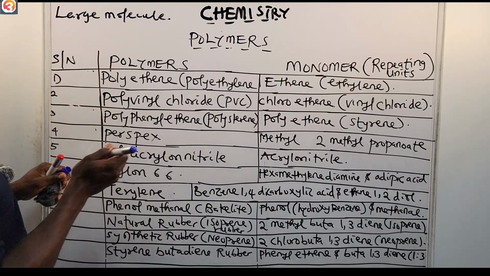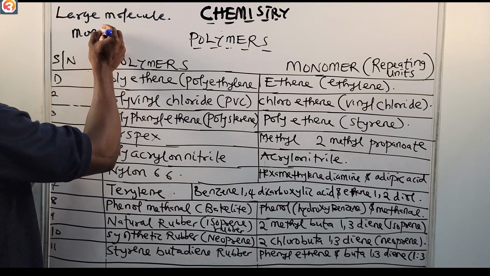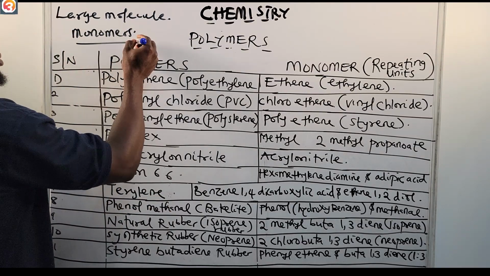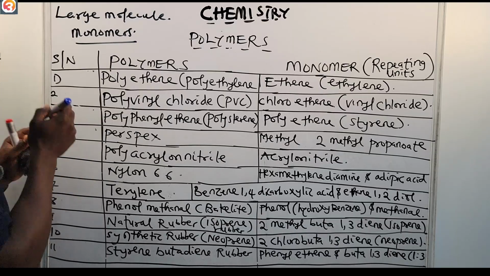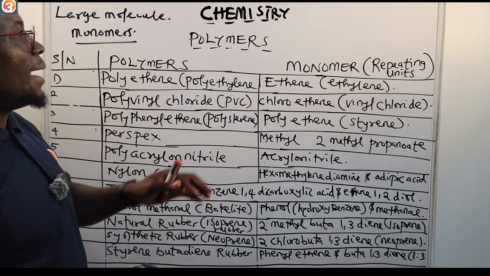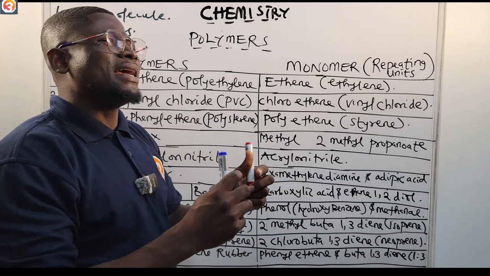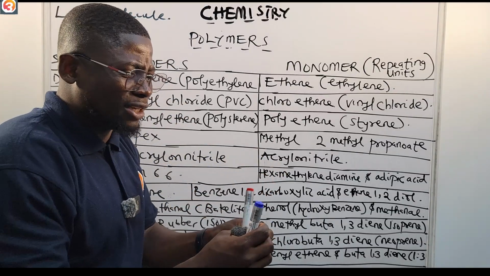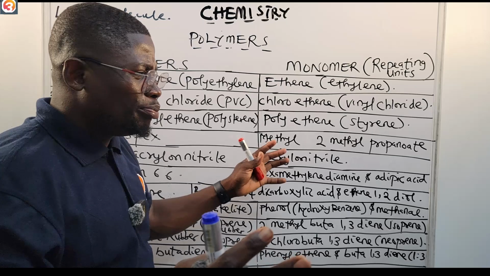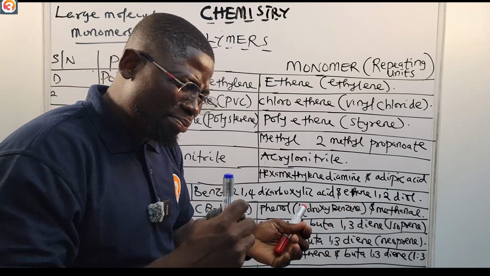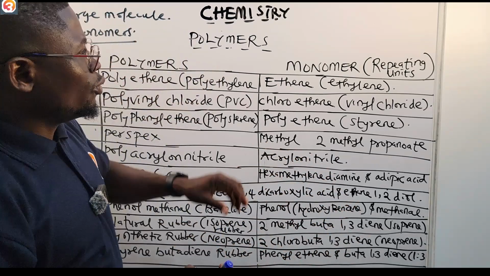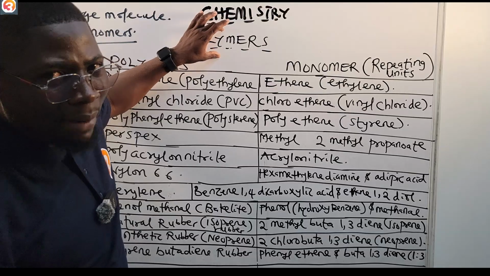Those smaller units are the ones we call monomers, while polymers are formed from these monomers. That means if you carry many small monomers together, you can press them together, and what you get now is a polymer.